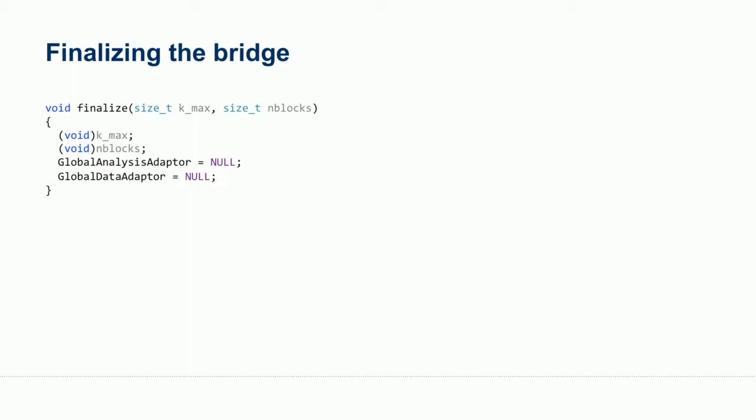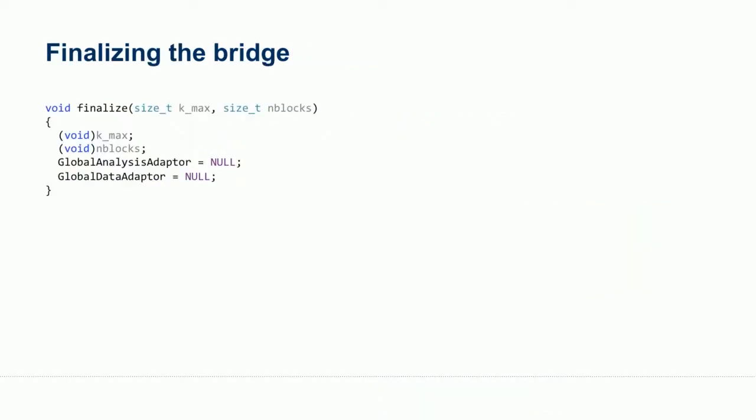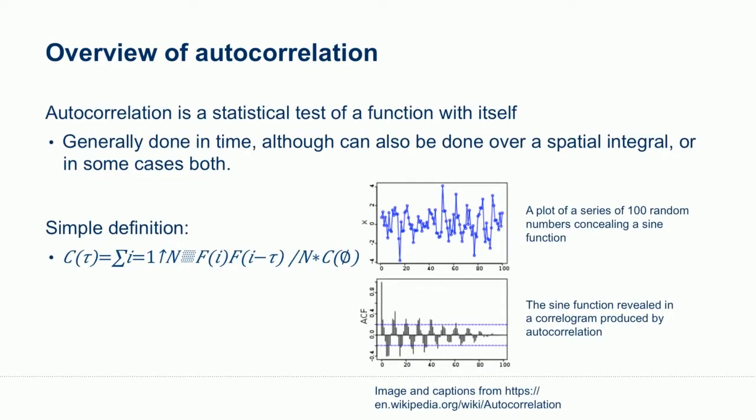It's important with those smart pointers because these are global variables. They only get destroyed when the program gets taken down, and that will happen after MPI finalize. So it's important that we do that here. And in Sensei 2, we actually added a finalize override to the analysis adapter API so that this won't be necessary.